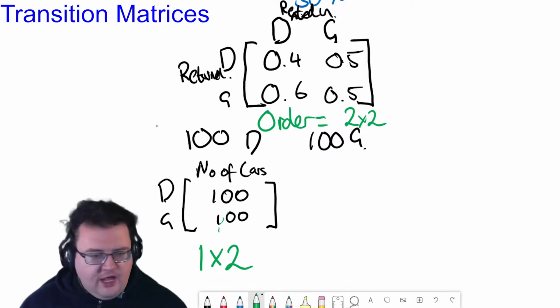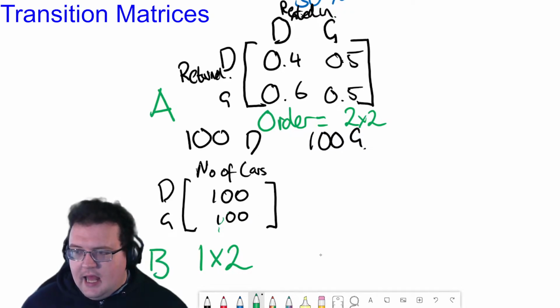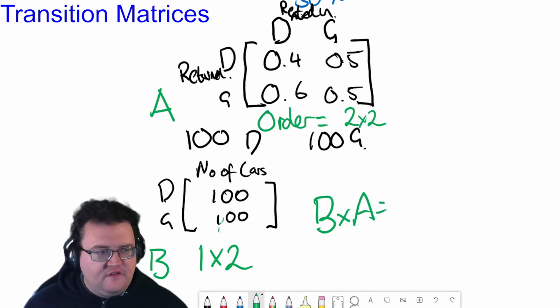If I call this matrix A, and I call this matrix B, and I multiply matrix B times matrix A, what size matrix am I going to get in return?